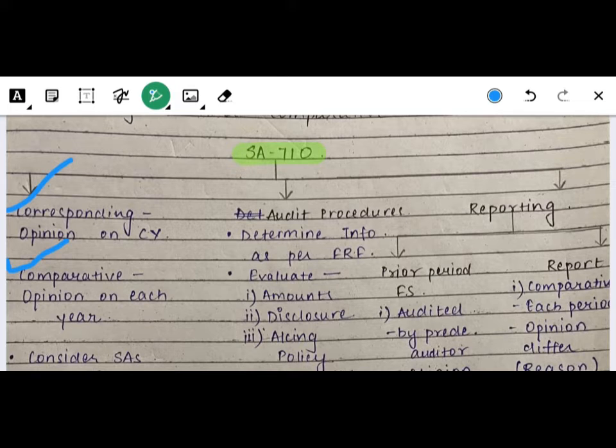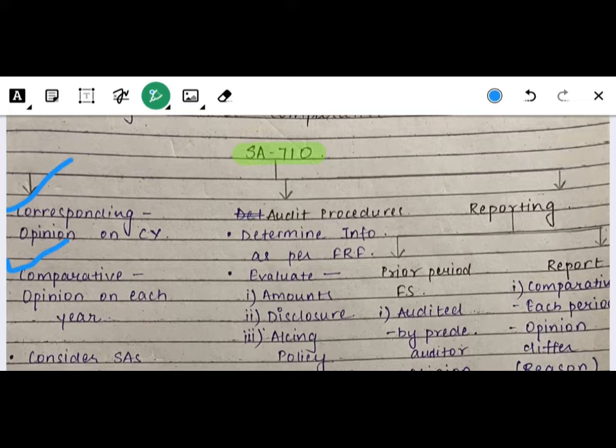It is when your audit report, like the 2021 audit report, includes the 2019 and 2018 figures. If it is corresponding figures, then your opinion refers to each of the periods: 18-19, 19-20 and 2021.